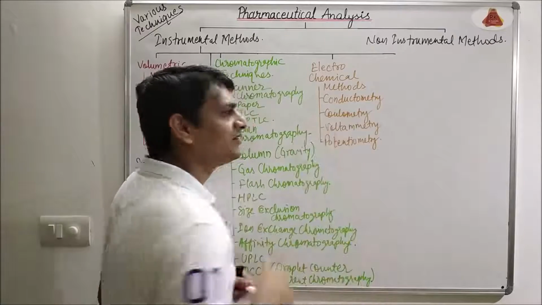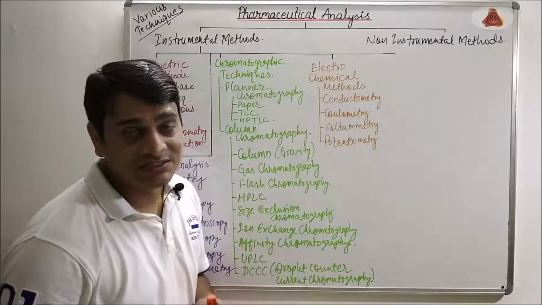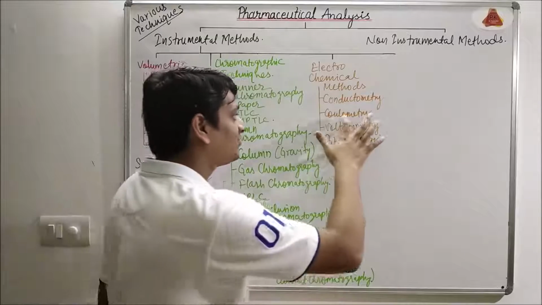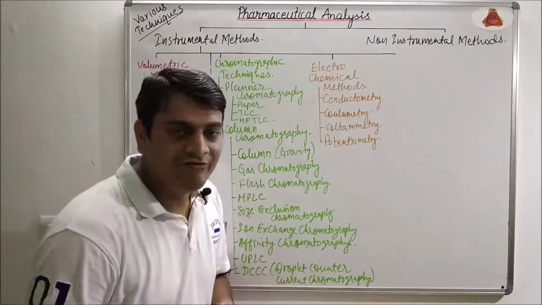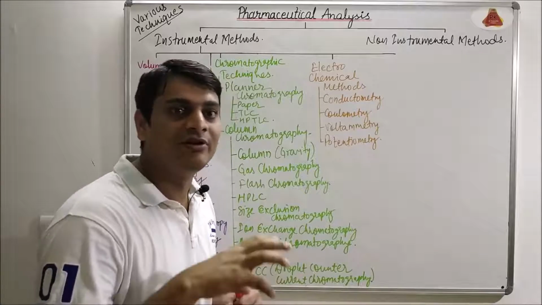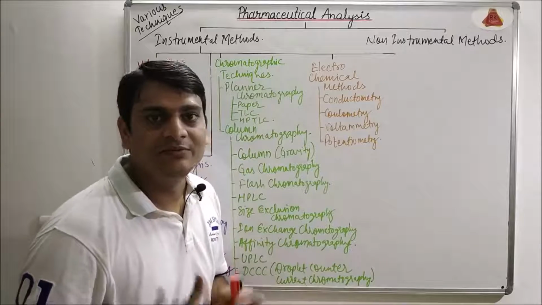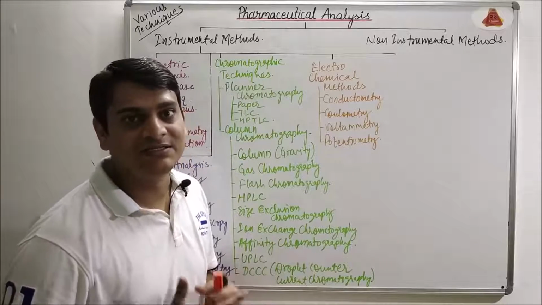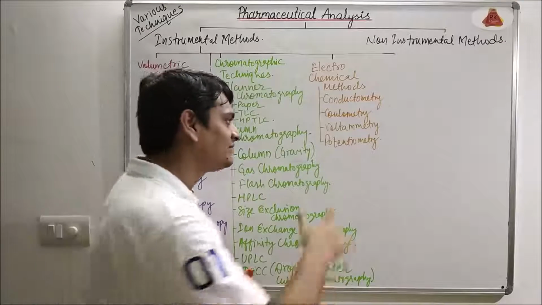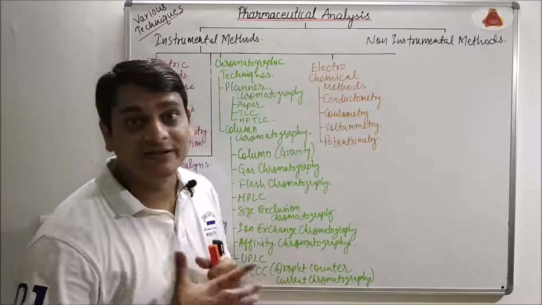First one is conductometry. Under conductometry we will measure the conductance in the presence of analyte. Next one is coulometry. In coulometry we will measure the electricity which is consumed or produced during the reaction. Next one is voltammetry. In voltammetry, measurement of current takes place in the presence of analyte. Next one is potentiometry. In potentiometry we will measure the electrical potential.